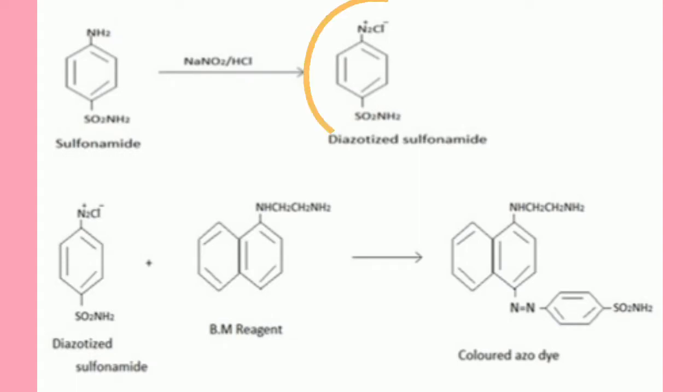When this is treated with a coupling reagent like Bratton-Marshall reagent or BM reagent, it produces an azo derivative. These azo derivatives are colored and have an absorption maximum in the visible region, and they are purple in color in the case of sulfonamide, and this will be measured in the visible wavelength region.